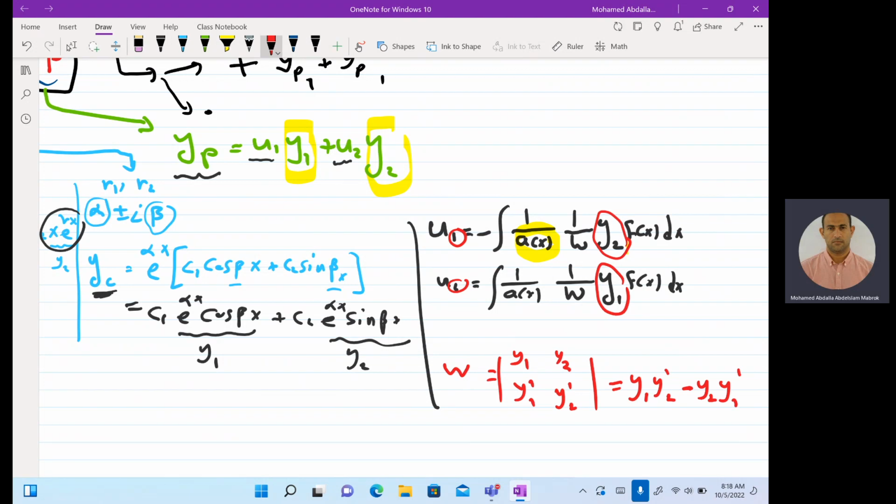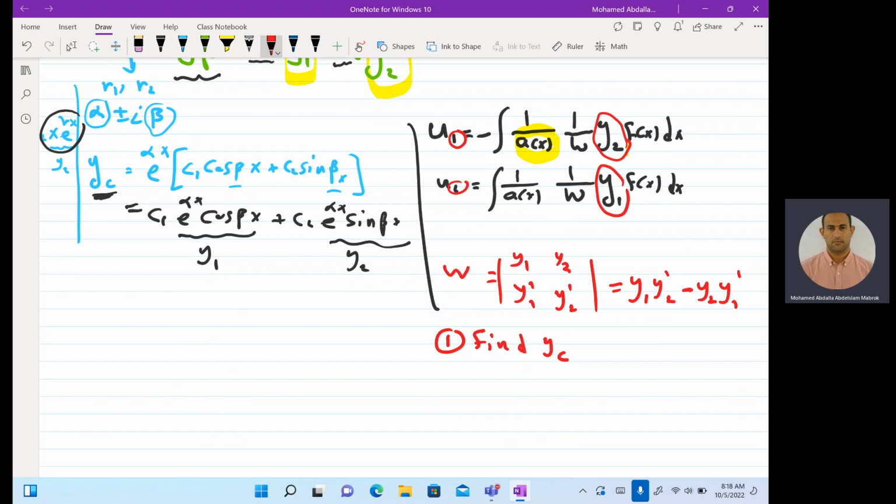And the procedure starts as follows. Number one, find yc. That's the procedure for variation of parameter in general. Find yc, and then get y1 and y2. We get them from the yc, right? Or I might give you y1 and y2 in the problem. So that's the first step.